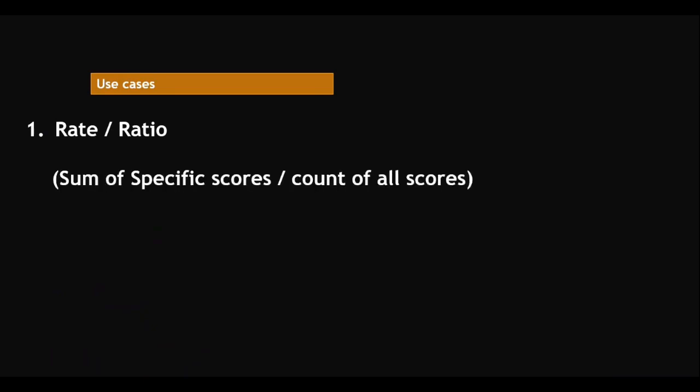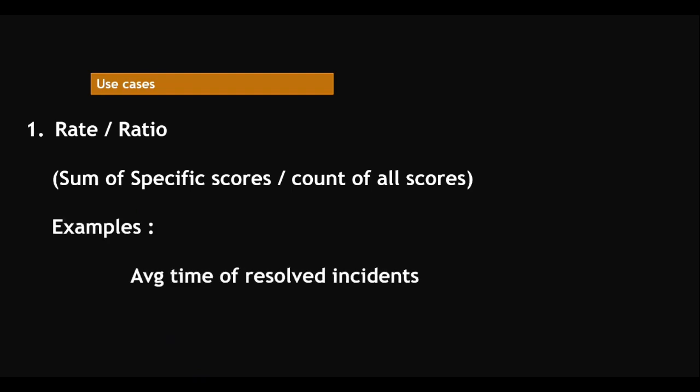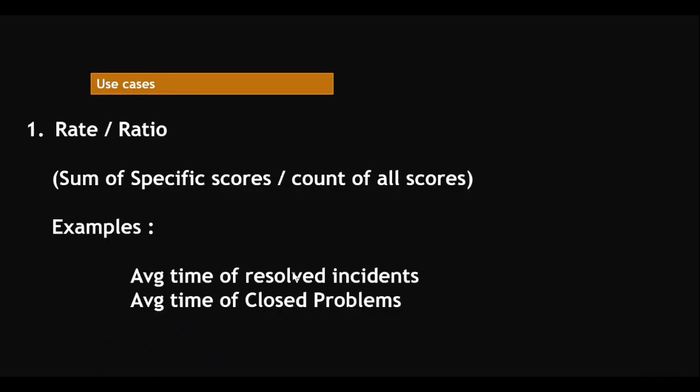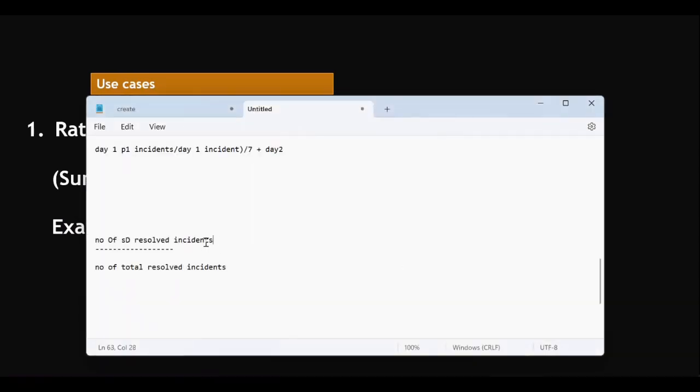Next use case is rate or ratio. It's nothing but if you need some rate, like sum of specific scores by total count of all scores. Example, you want the average time of resolved incidents, and the average time of closed problems. So how will you write it?